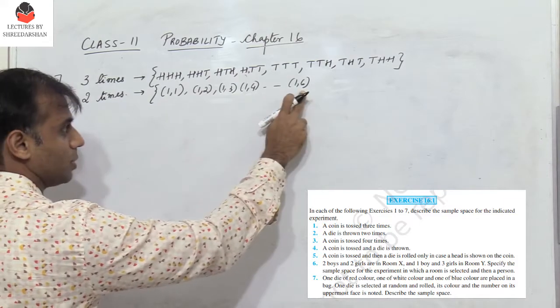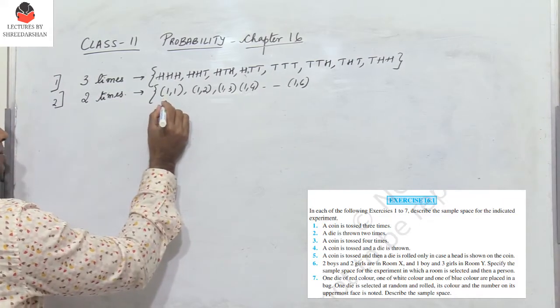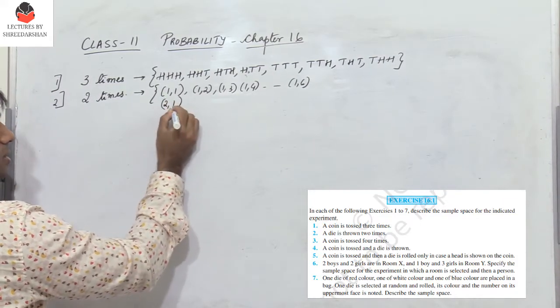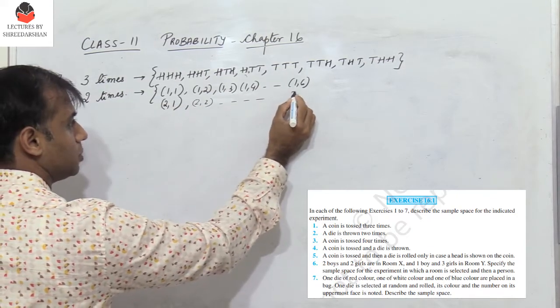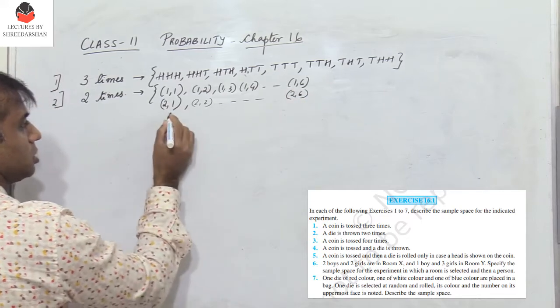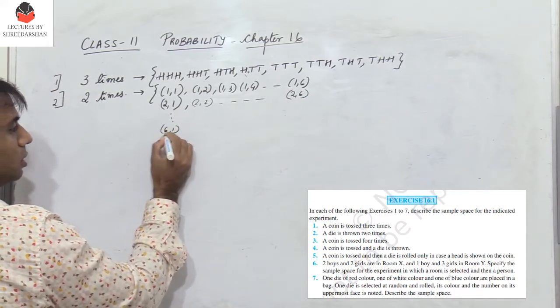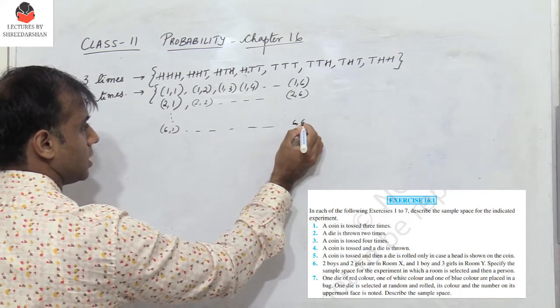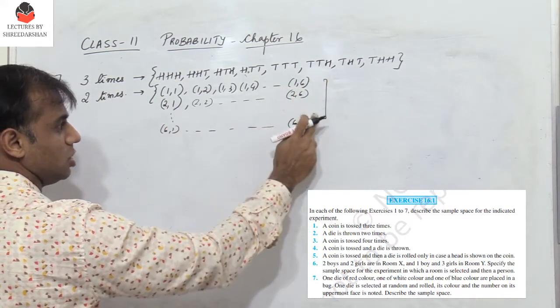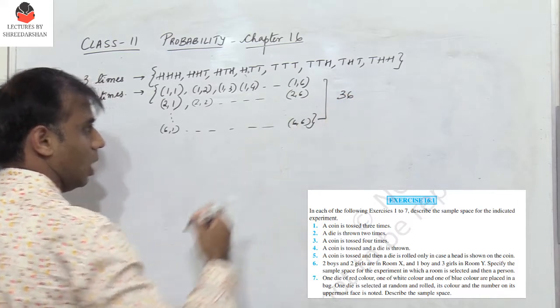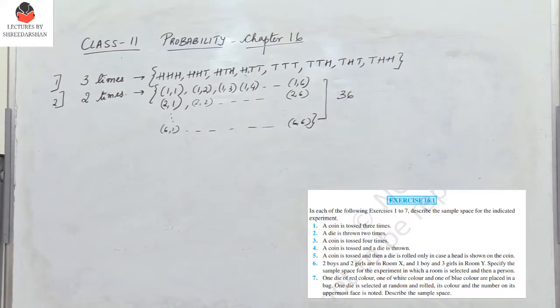So I have 6 possible outcomes here. Now the first time I get 2, then I would have 2, 1, 2, 2, and so on up to 2, 6. Similarly 6, 1, all the way up to 6, 6. So how many outcomes? 6 into 6, so I have 36 outcomes. So 36 possibilities.